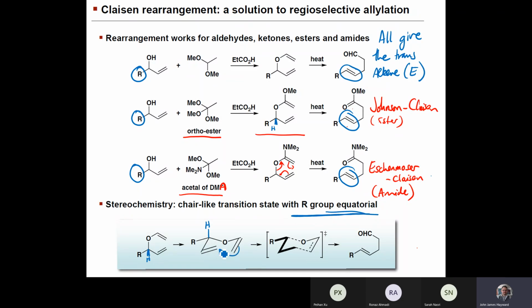And then we do our rearrangement as before. Our transition state has the bonds being both formed and broken at the same time and gives us our desired product. But the key thing is that you can see here where the alkene is going to start forming, these two groups here are trans to each other. So we end up with a trans alkene.